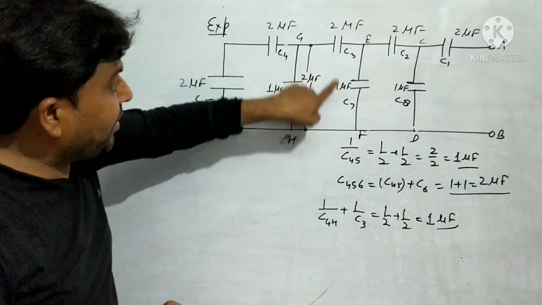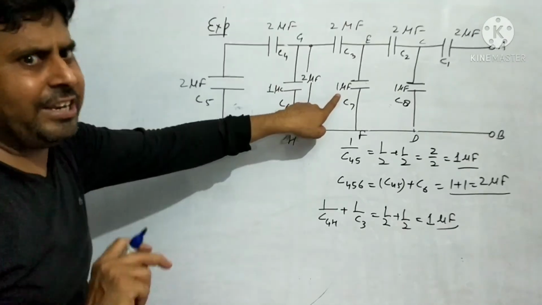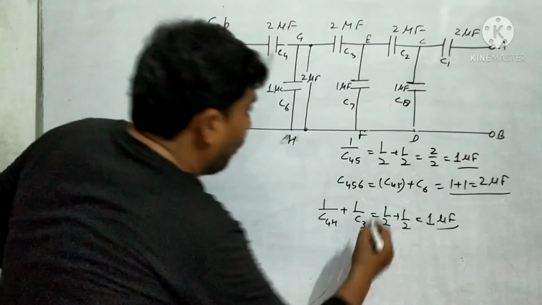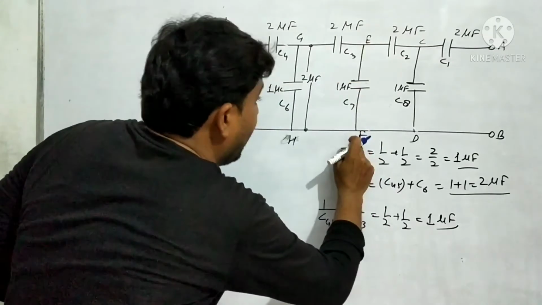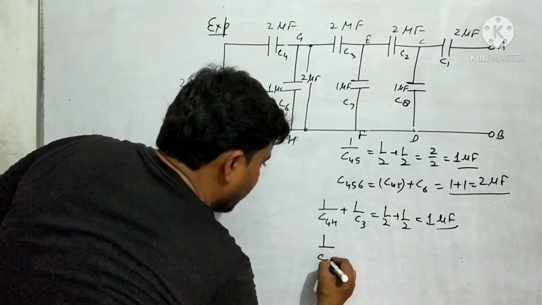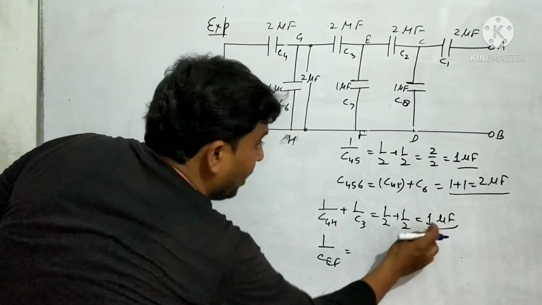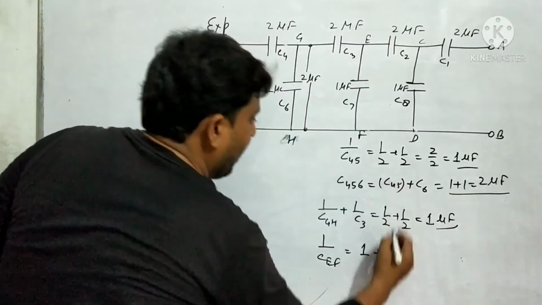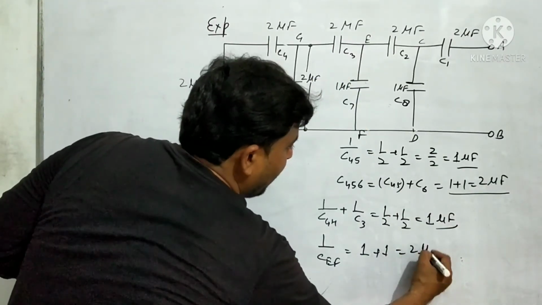And such combination with that again in series. Sorry, again in parallel. So for parallel till EF, that is, the capacitance of CEF will be 1 microfarad these two plus 1 microfarad these, that is 2 microfarad.